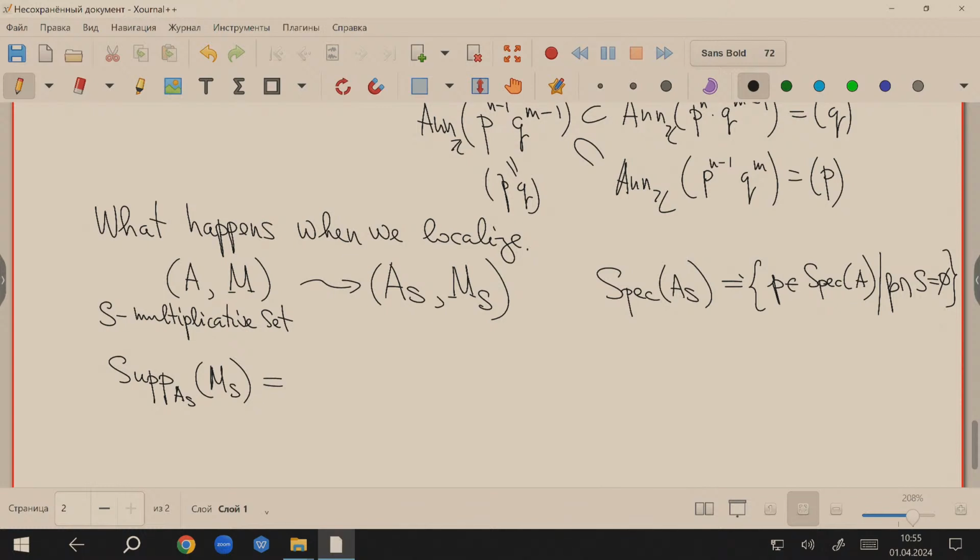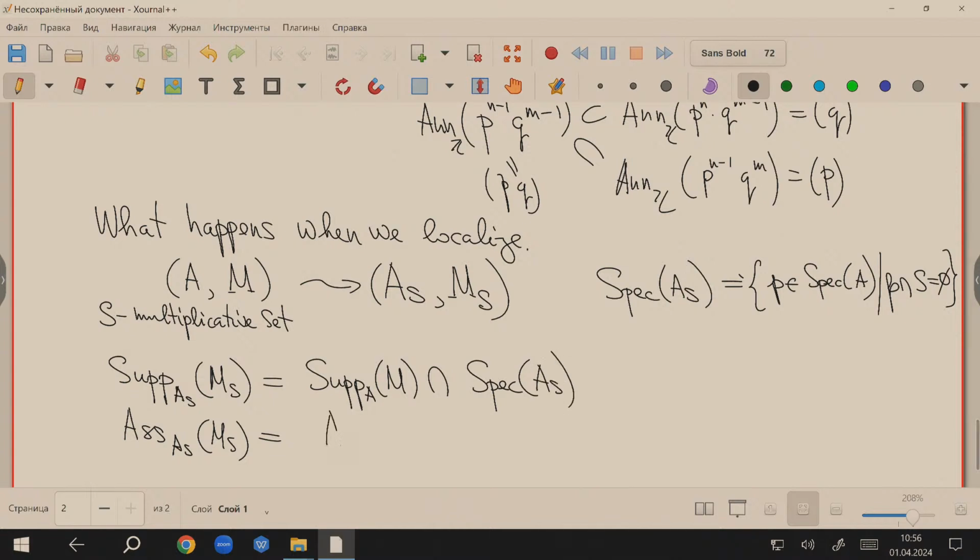And of course, when you start calculating associated primes, you just have to intersect the support with the corresponding spectrum of A_S, and the set of associated primes is also intersected with the spectrum of A_S.